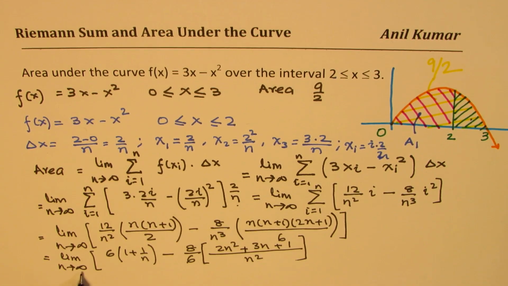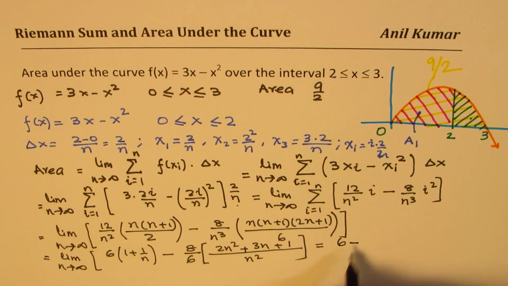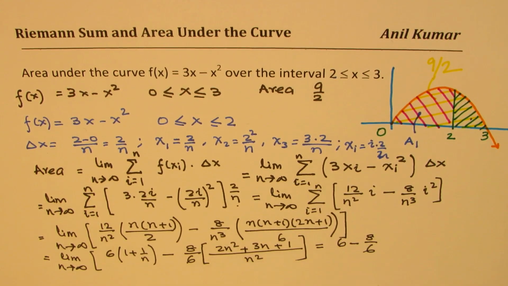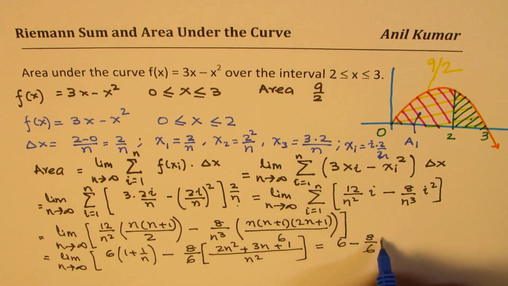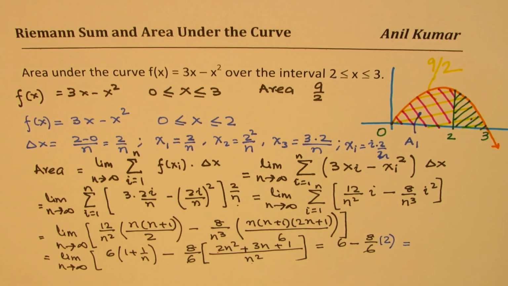Now, as n approaches infinitely large number, 1 over n becomes 0. So we get here 6 minus 8 over 6. Now this n cancels with this, so you get 2 here, right? So this approaches the value 2. So that is what you get. Got it?